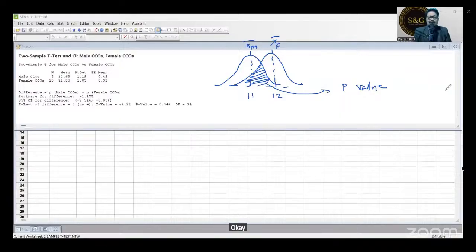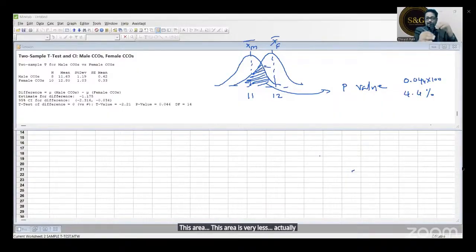Now try to understand this. When we say 0.044, you just multiply that by 100. It will be 4.4 percent, for example. So that means this area is very small.